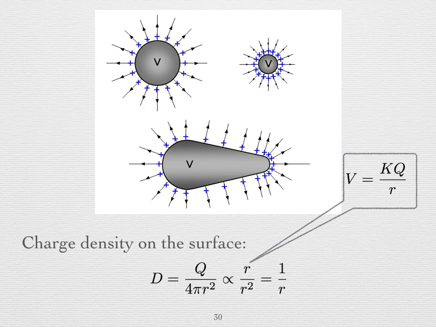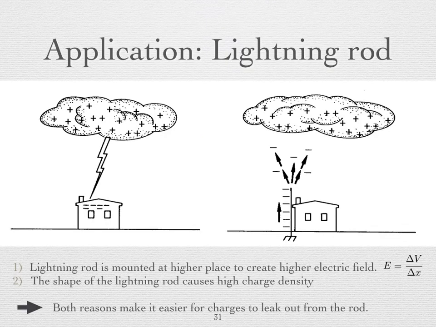electrons will be attracted to this lightning rod, and it will be easier because the tip of the rod is closer to the cloud. So for the same potential difference, I have less distance. That creates a greater electric field. A greater electric field means the charges will want to leak out easily from this lightning rod.